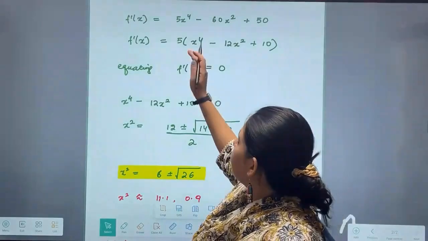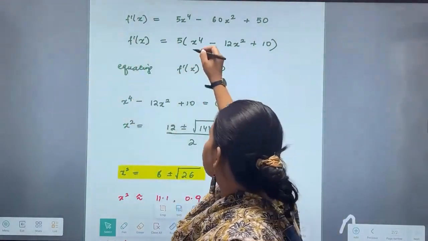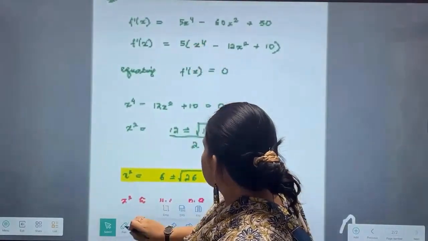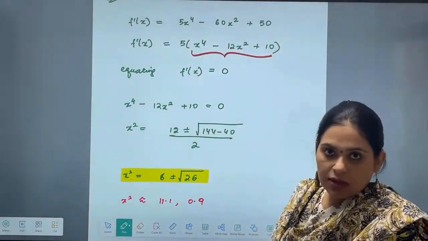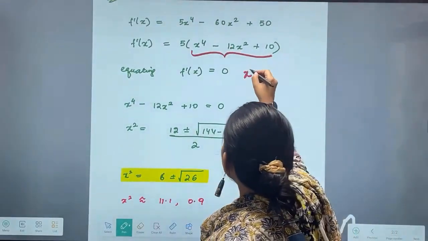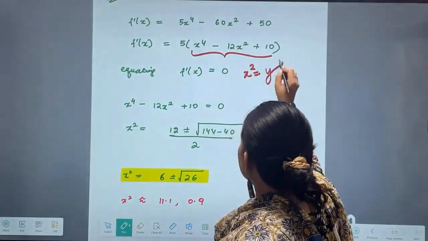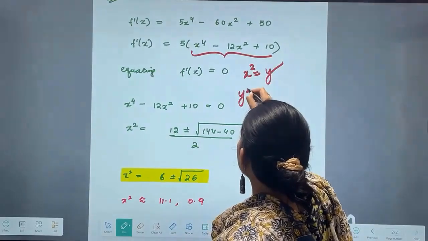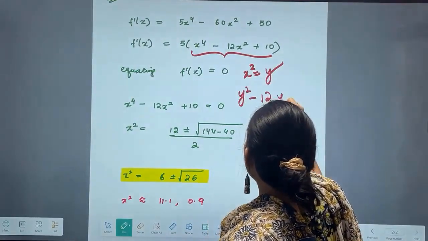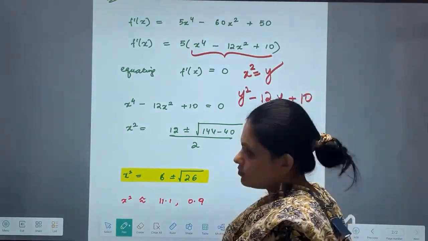So if I take this coefficient out, I am supposed to go ahead and solve this equation. But let's say that your x square is some y. So what will be your equation? It will be y square minus 12y plus 10.